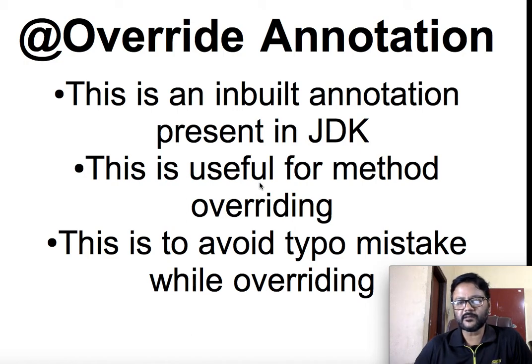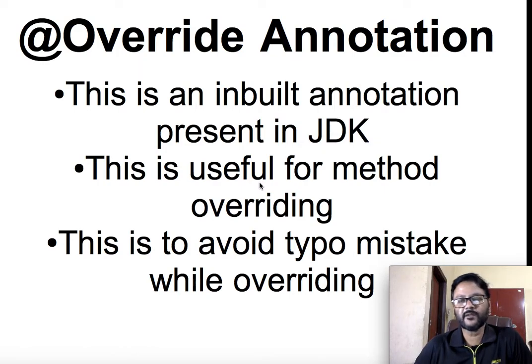So in that case, this override annotation is very useful, because we tend to make mistakes while overriding the method. How? Generally we make typos or typing errors, and the compiler doesn't complain about anything if you make a typing error while overriding the method. So that is one of the best examples I can give for the override annotation.